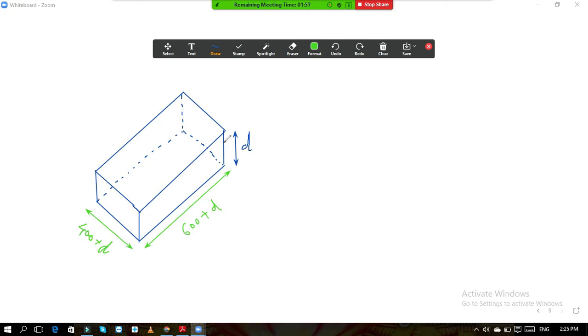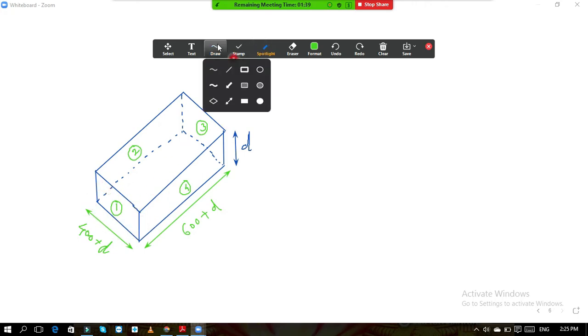So how much area will contribute here? This is area number 1, this is second area, this is third area, this is fourth area. Now if this effective depth is d, what is the first area? I will write each area one by one so that you can understand. So A1, first area. What is the first area?